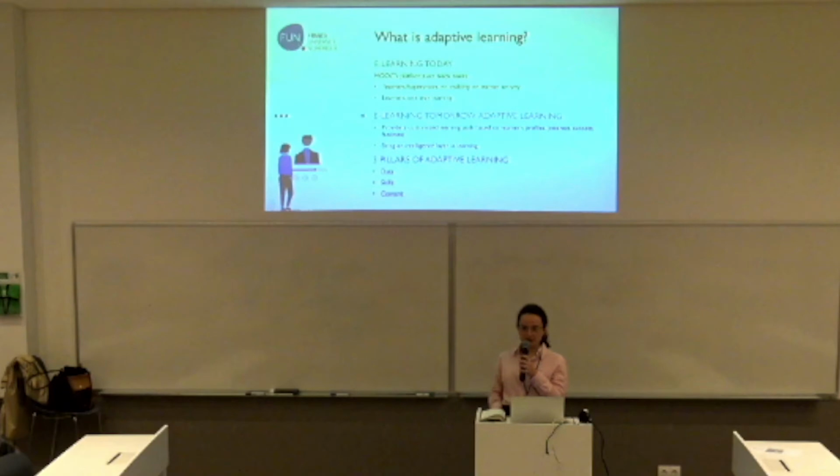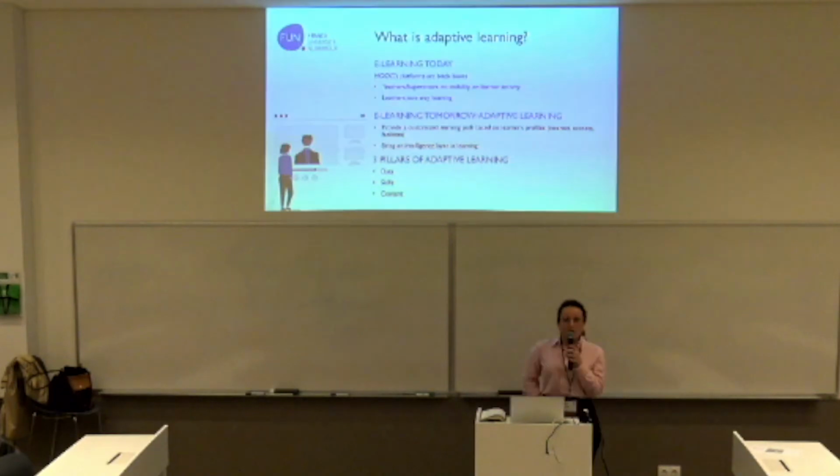A learner profile is not only reduced to what they have achieved and how successful they have been, but also their interests, their facilities, whether they prefer one field or another, and whether they prefer one way of learning or another.